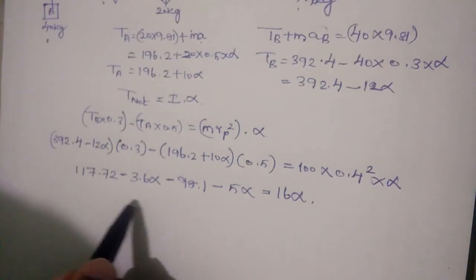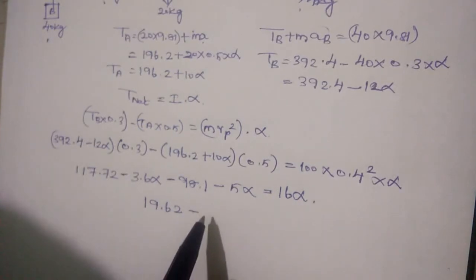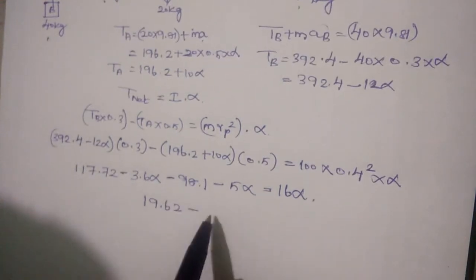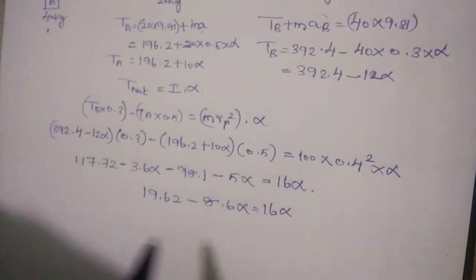Further, this can be written as 19.62 minus 8.6 alpha is equal to 16 alpha.